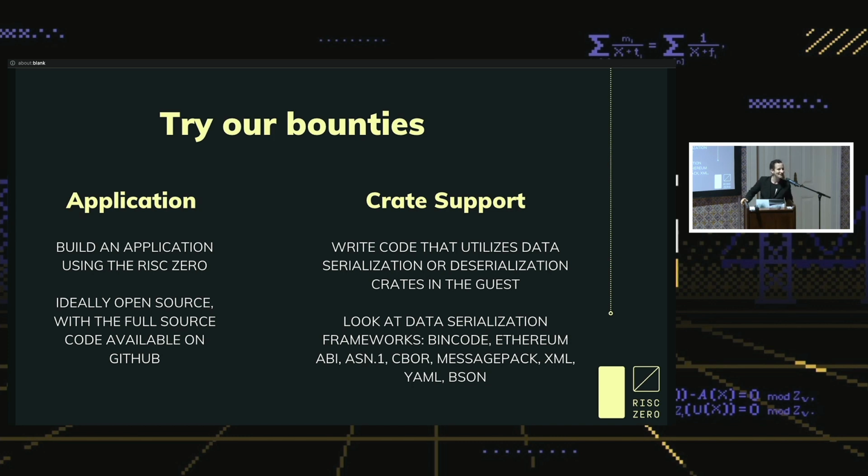Is it just the guest code that needs to be RISC-V compatible, or does the host as well? Oh, that's a good question. Just the guest code. Rust compiles down to RISC-V, so you get it for free.